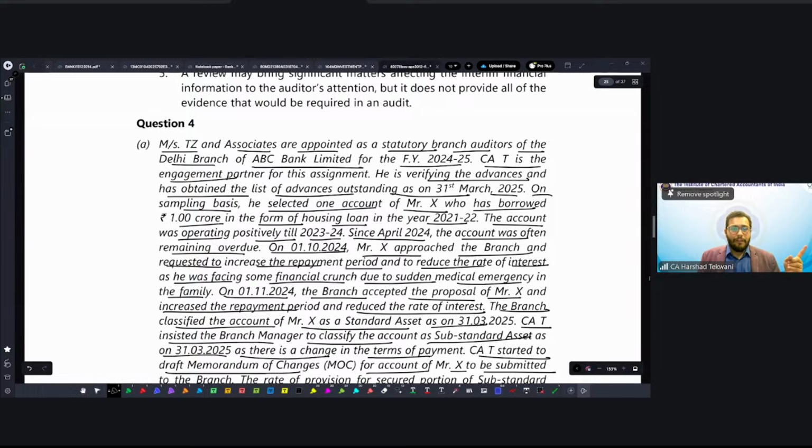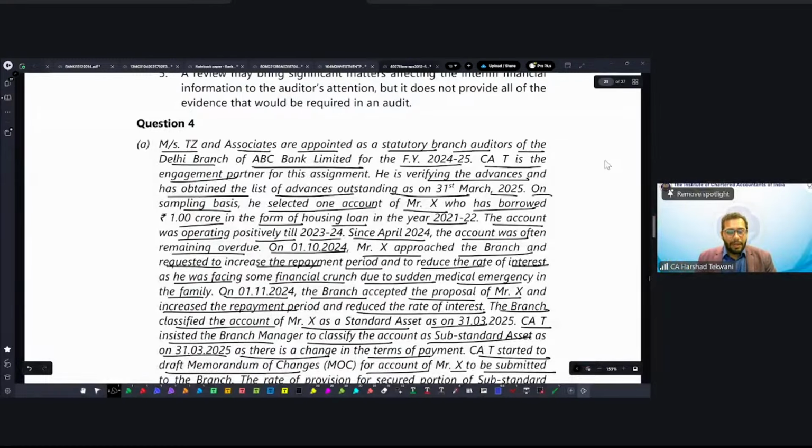And what is the provision requirement on the standard asset? General category, 0.4 percentage.